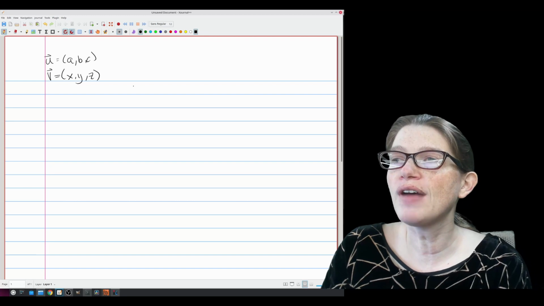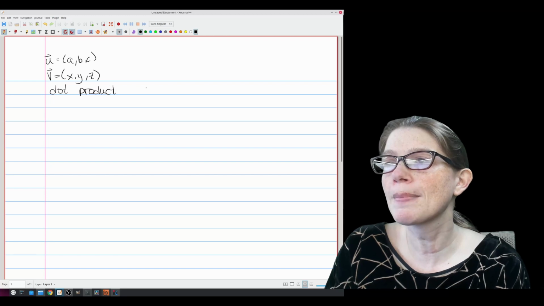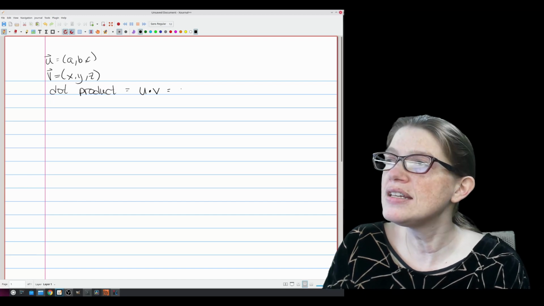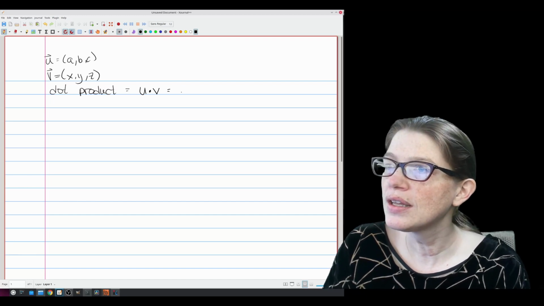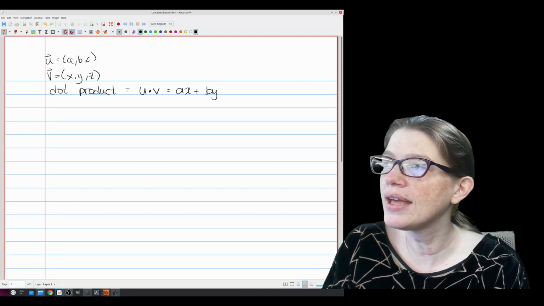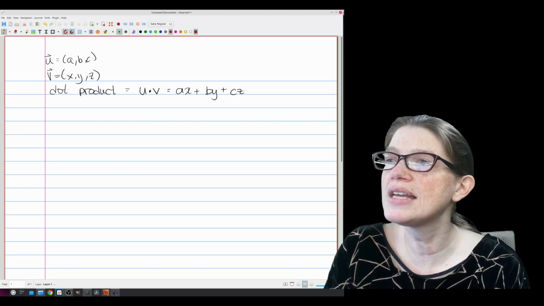So I've got these two vectors, u and v, and the dot product of them is written like so, u dot v, and it is equal to ax plus by plus cz. So we are doing the pairwise multiplication.